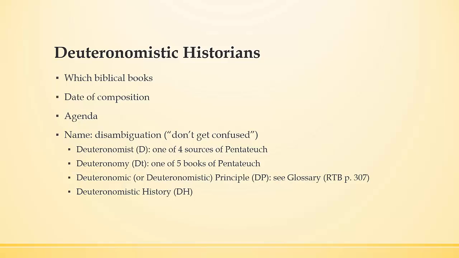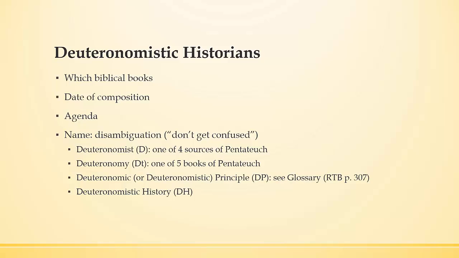All of these 3 points will clarify what we are looking at, what we are studying. And finally, we look at this exercise in disambiguation. In other words, don't get confused with the 4 different words which are very similar but not exactly the same.